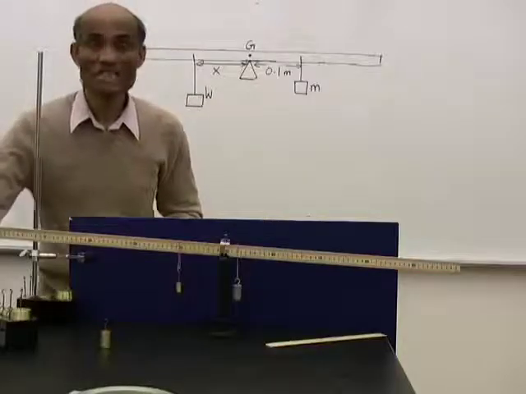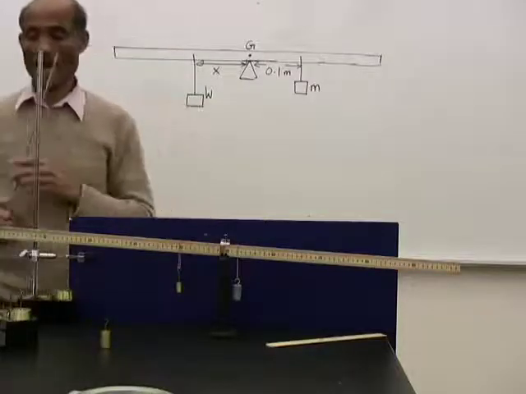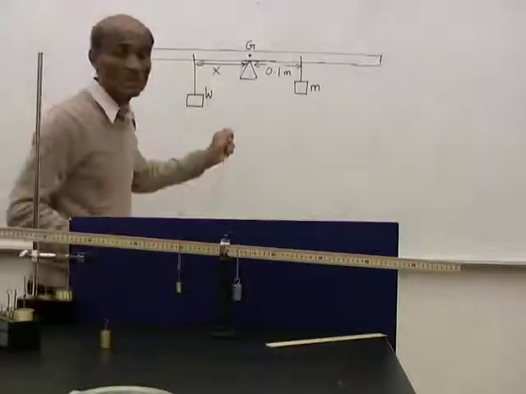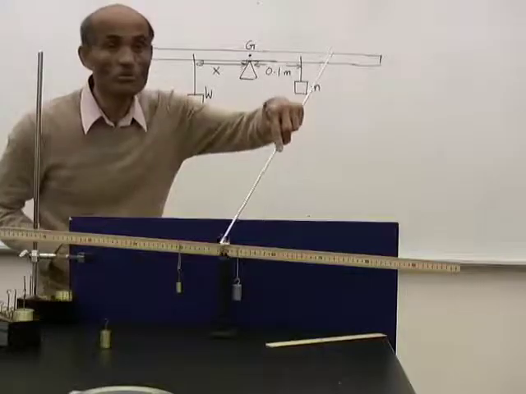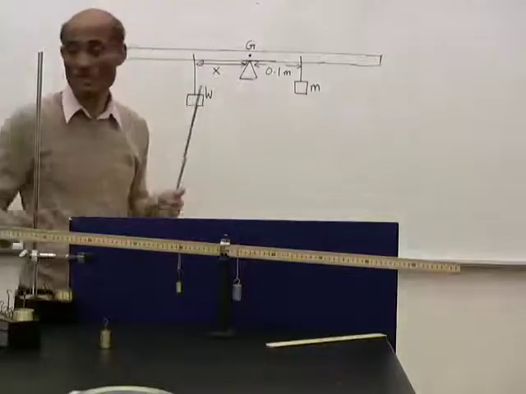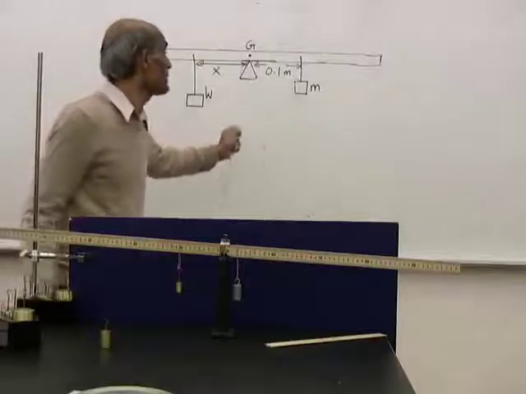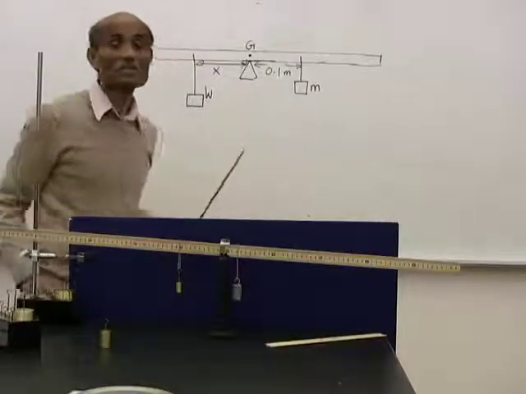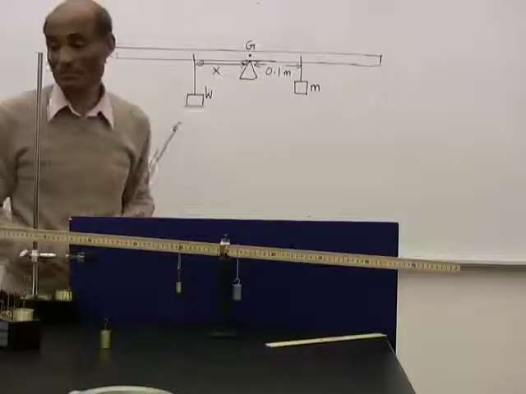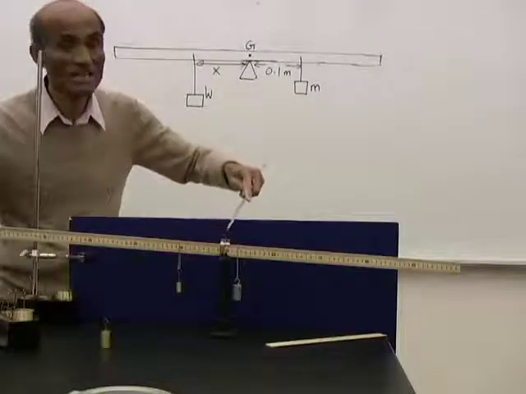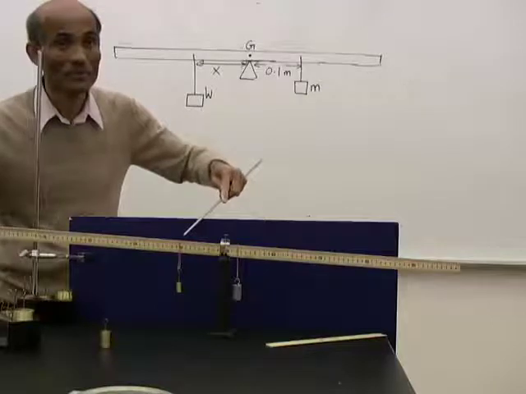Look at procedure 2. Balance the meter rule at its center of gravity. I have balanced the meter rule at its center of gravity with a mass m equal to 20 gram at a distance 10 centimeter from G, so that this distance is 10 centimeter.